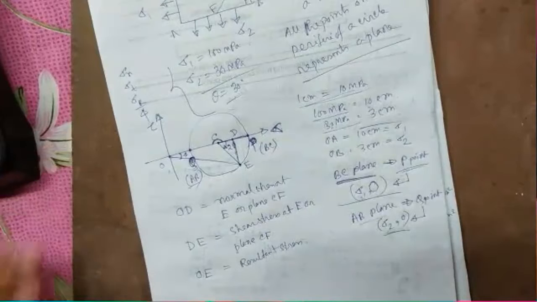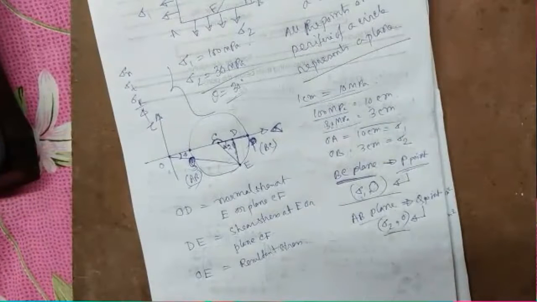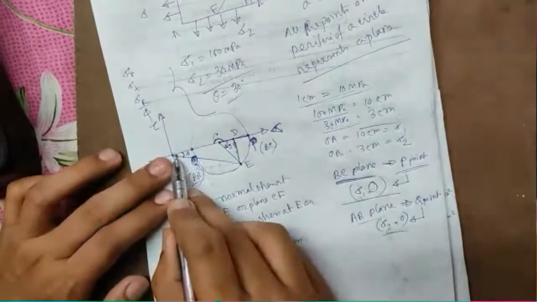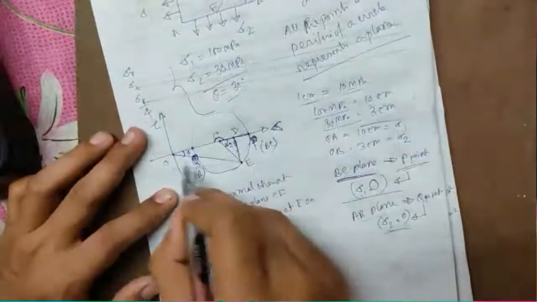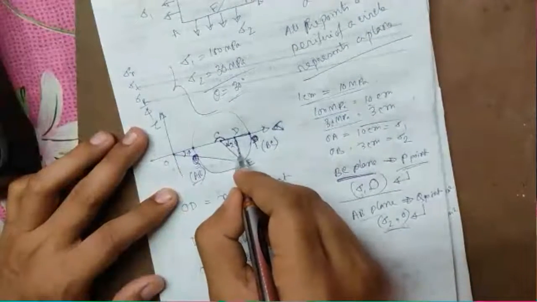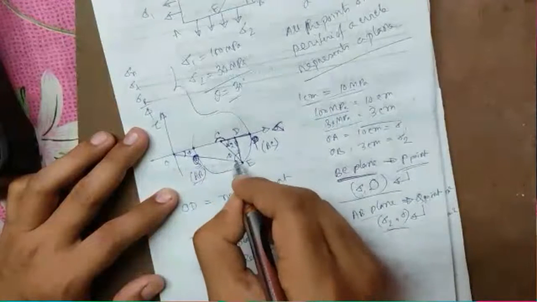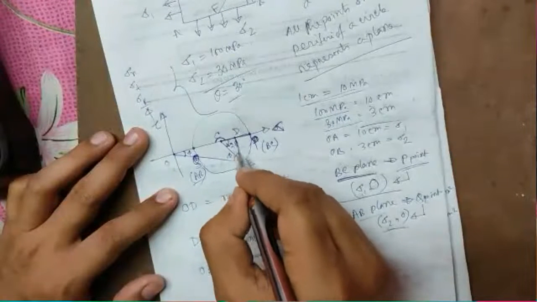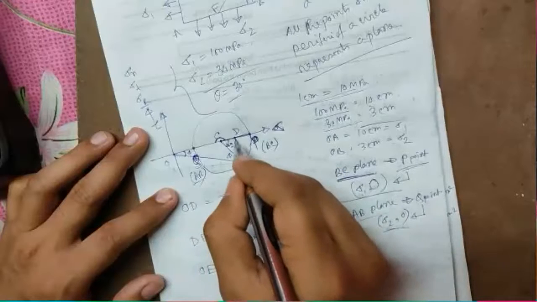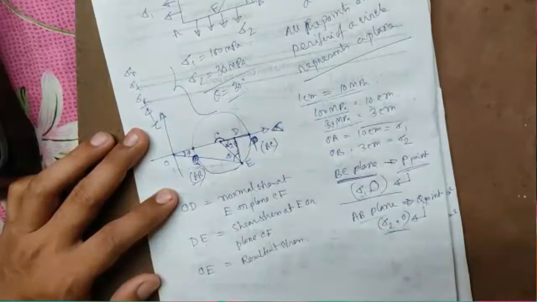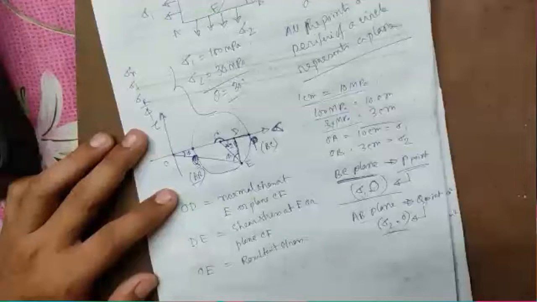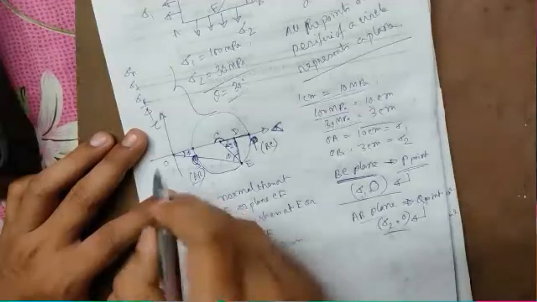So the resultant stress makes the angle phi with normal stress, and this resultant stress makes an angle with the shear stress. Okay, so it depends on which angle you want.